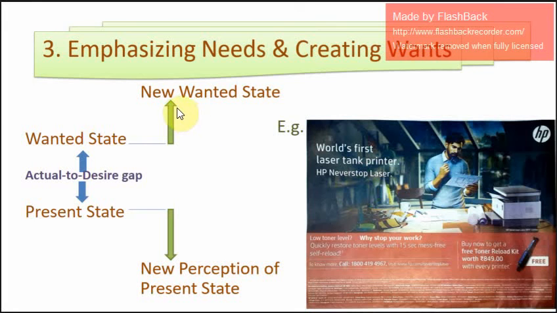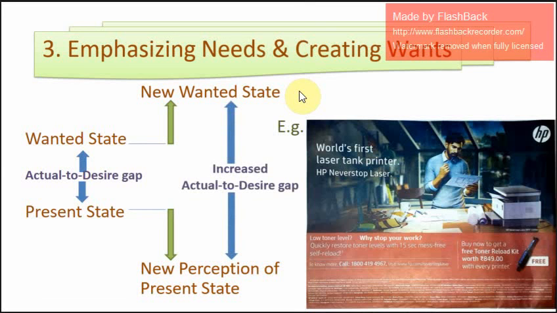And then they're showing that the new wanted state is that this is the first laser tank printer where you already have a toner reload kit. A new wanted state where you can work non-stop even if your toner level goes down.